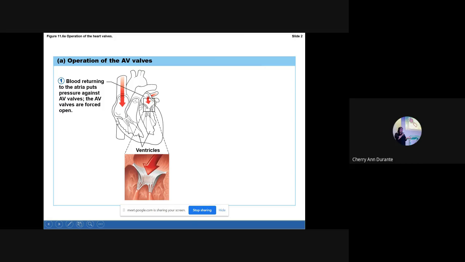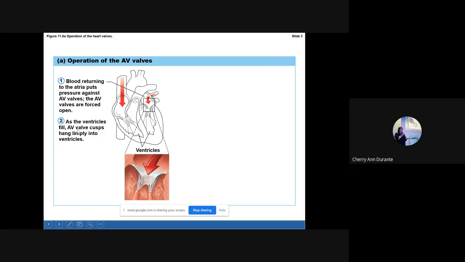It begins with blood returning to the atria, which puts pressure against the AV valves. Now, the AV valves are forced open. As you can see here, from the atria, with the pressure, the valve opens.